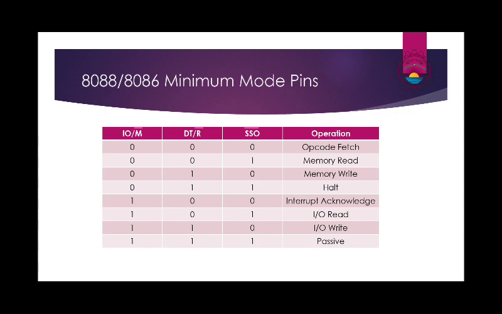During IO read bus cycle, data present at input device will be received by a microprocessor, while in case of interrupt acknowledge bus cycle, the number of input device will be received by a microprocessor.